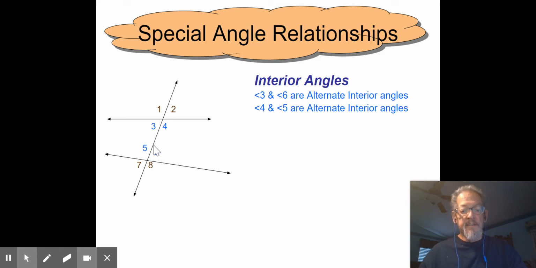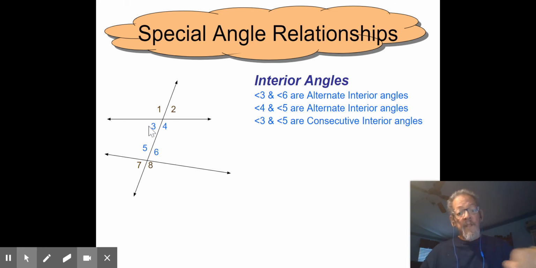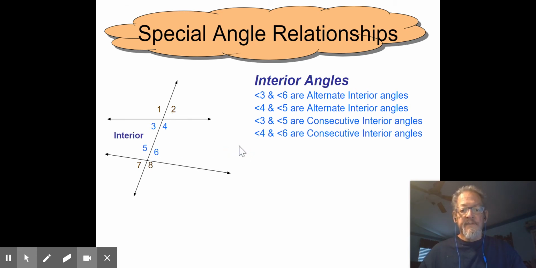They're on alternate sides of the transversal. 3 and 5 are consecutive interior angles, or same side. These are on the same side of the transversal. 4 and 6 are consecutive interior because they're on the same side and they're interior.